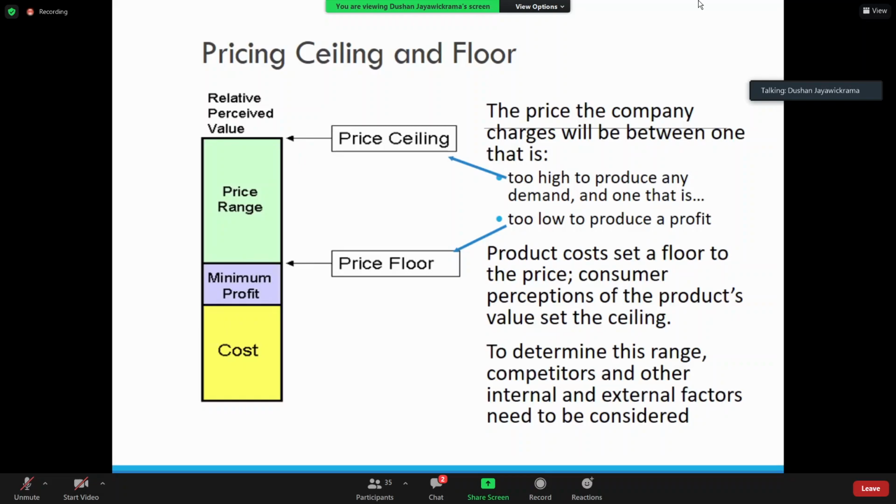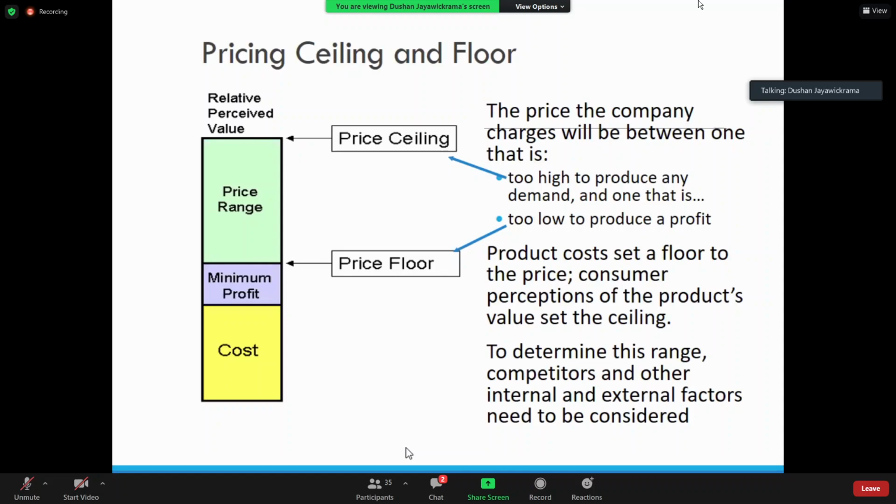Just to go ahead with the concept of pricing a little further, organizations need to have an idea as to how price range can be determined. Now, you have to set your price within this range. You need to have some sense of the range.